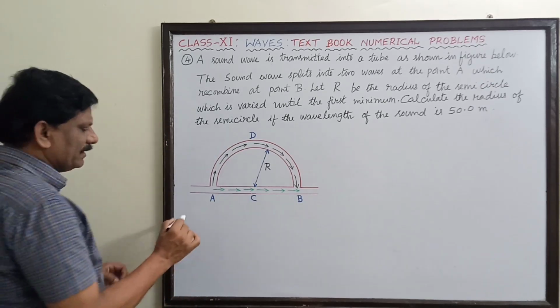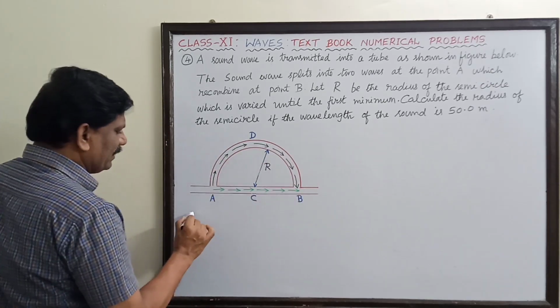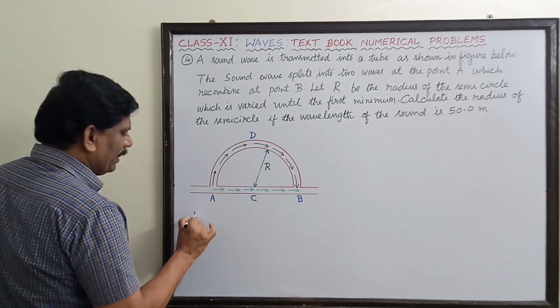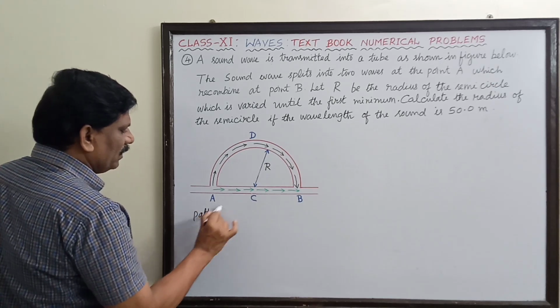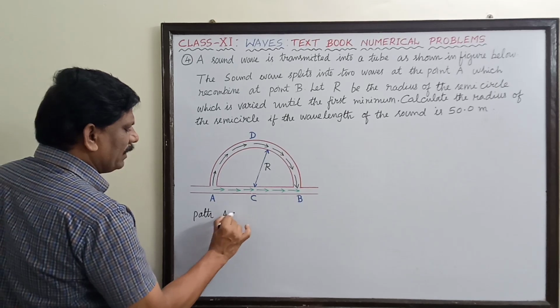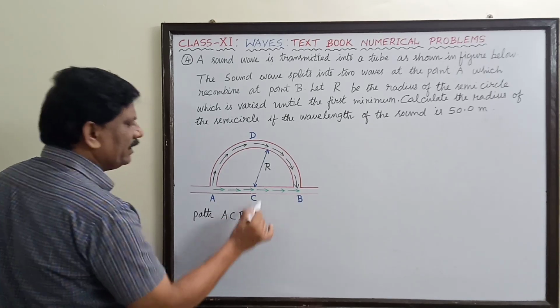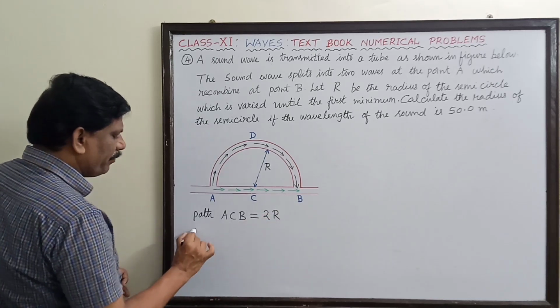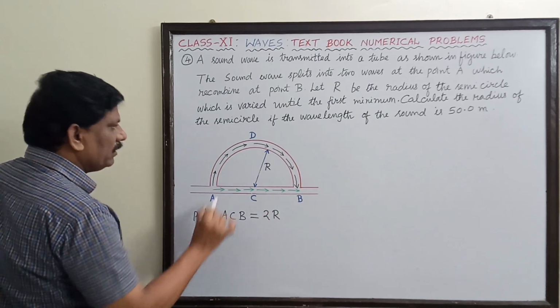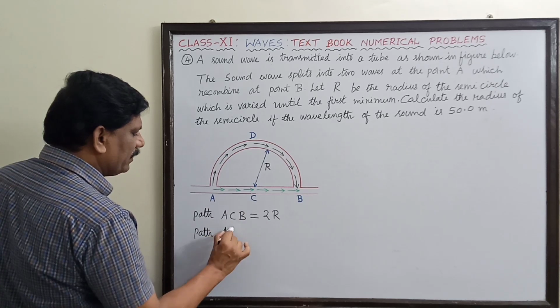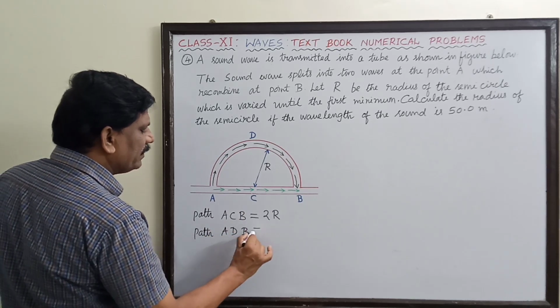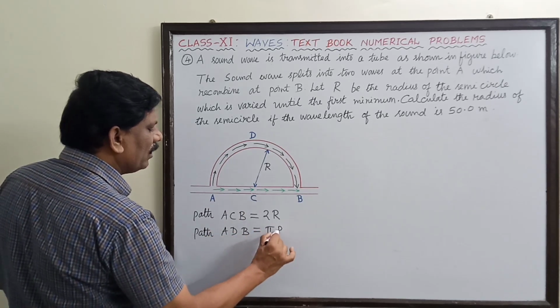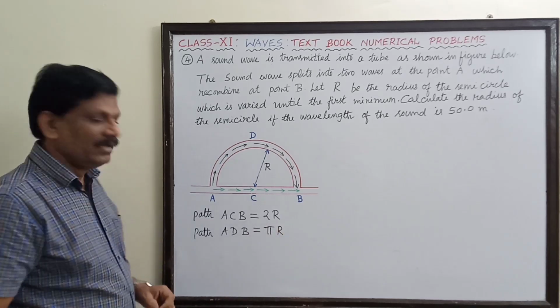Okay, now let us find out the path difference. The path ACB is equal to 2r. Then the path ADB is equal to pi into r, the semicircle.